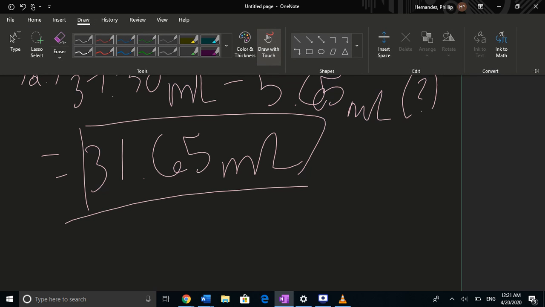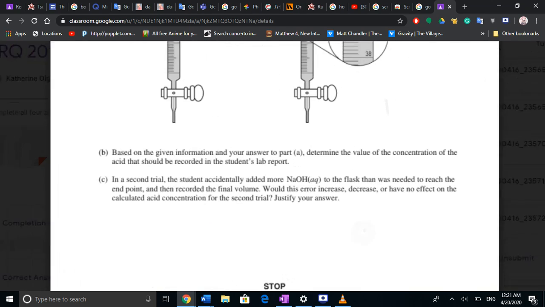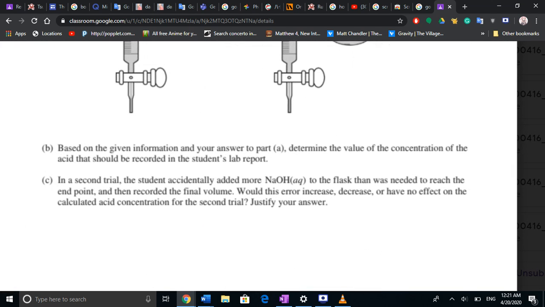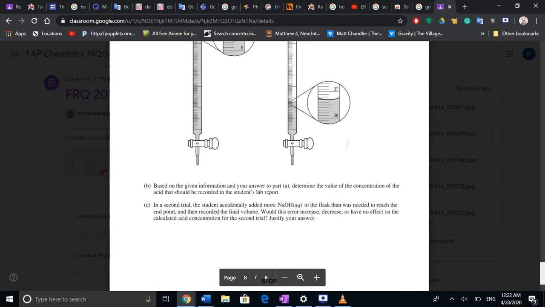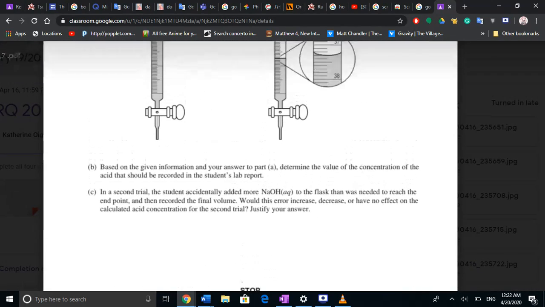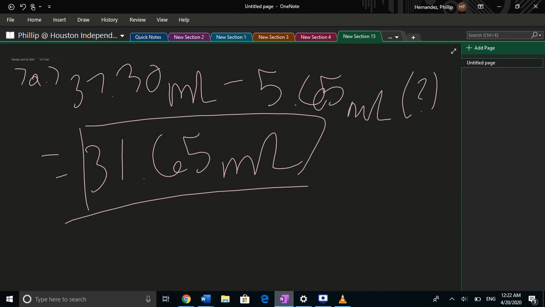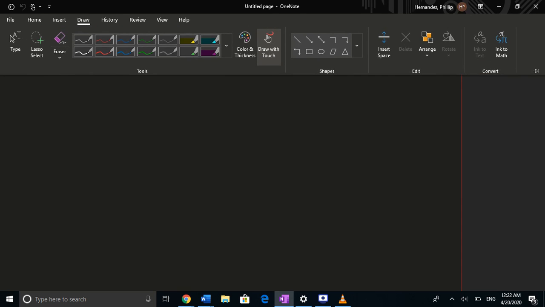Now for the next one. Based on the given information and your answer in part A, determine the value of the concentration of the acid that should be recorded in the student's lab. This is the part where I know for sure we're going to be doing an M1V1 equals M2V2 kind of equation, and here's why.